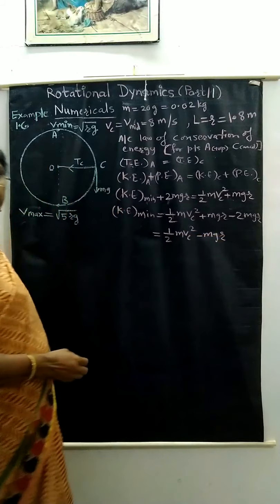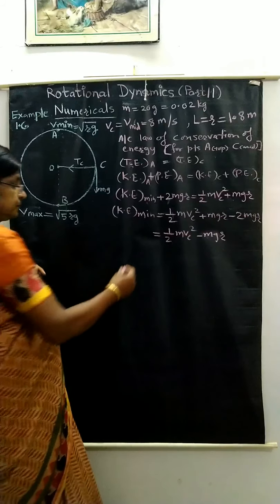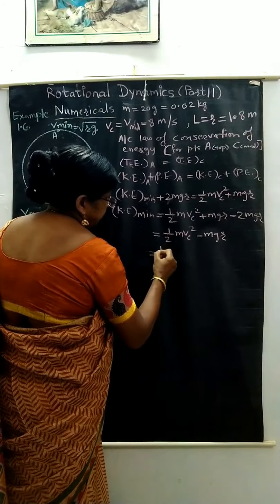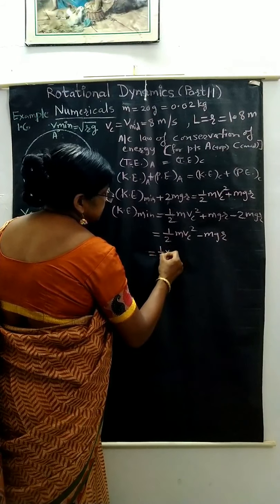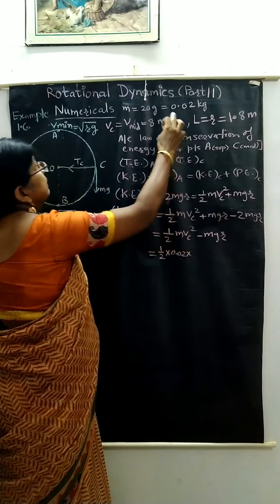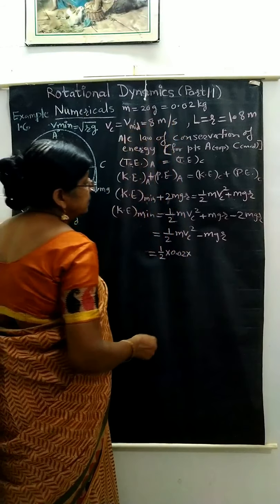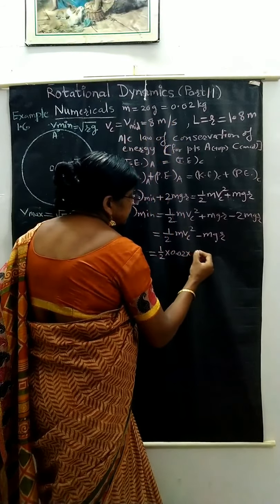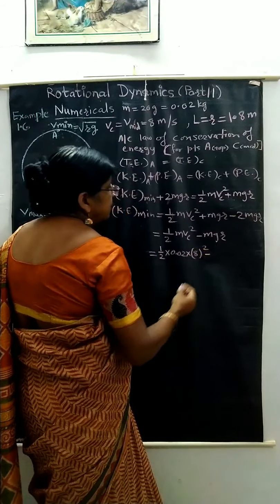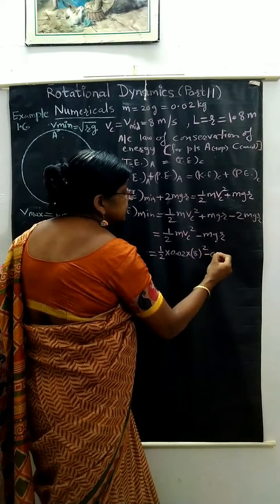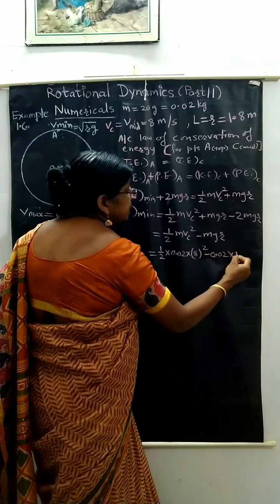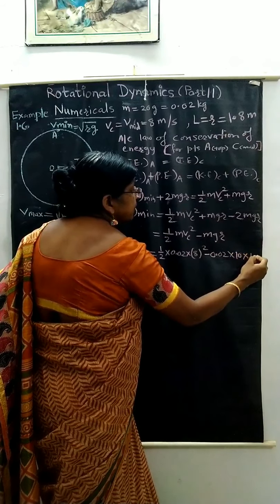Now we have to simply substitute the values. So it comes out to be half m, that is 0.02, into v square. V is 8 meter per second. So here 8 square, minus m, again it is 0.02, g is 10 and r is 1.8.